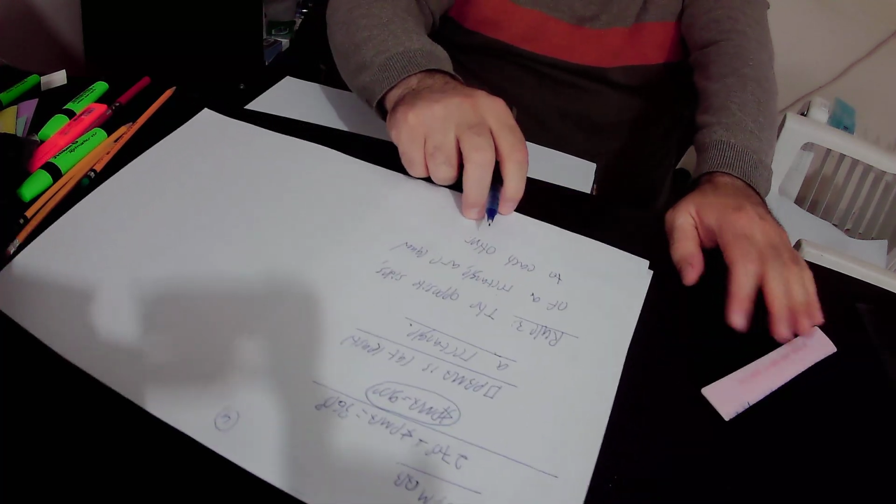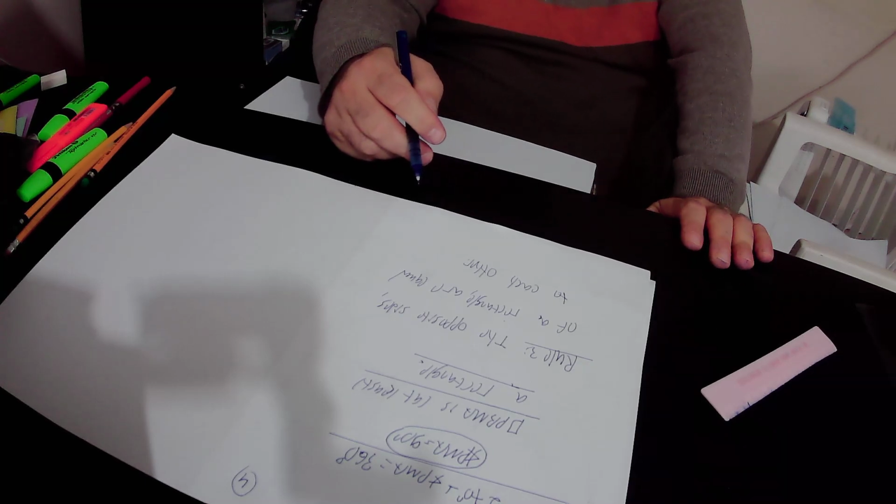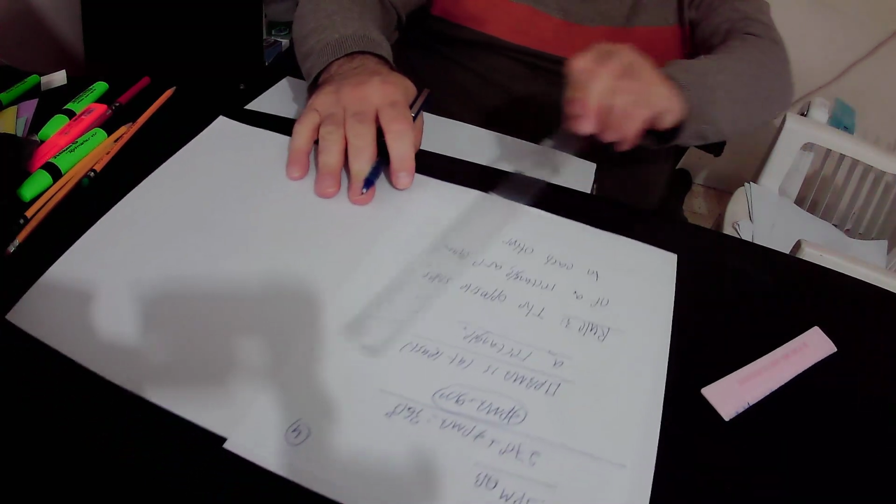I read rule number 3 again. According to rule number 3, the opposite sides of a rectangle are equal to each other.